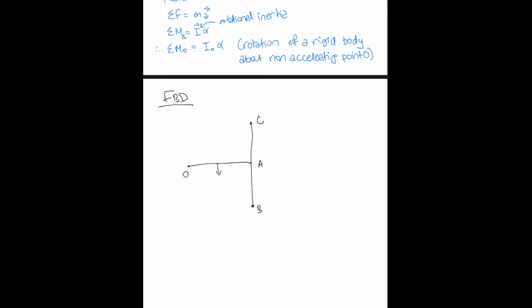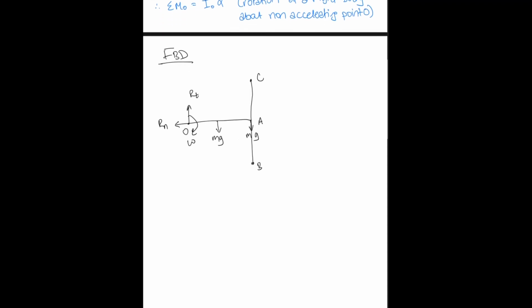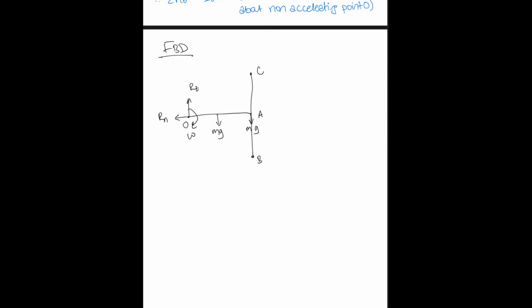The weight of OA is going to be acting in the center. The weight of CB is also going to be acting here. At point O, we've got an angular velocity and a force acting on the bearing, R, in the normal and in the tangential. Okay?